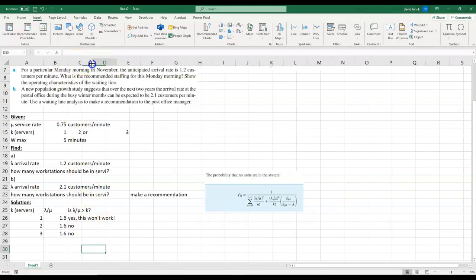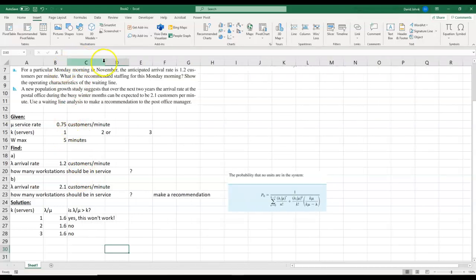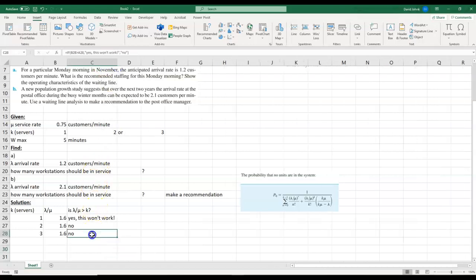In other words, our line is going to grow infinitely because our service rate's slower than the arrival rate, right? And we don't have enough servers to cover it. We only have one server. So our service rate is lower now. We only have one server. So this divided by that is, anyway, that should make sense.